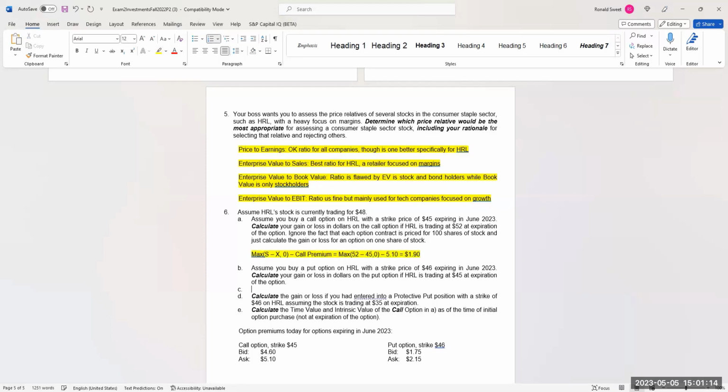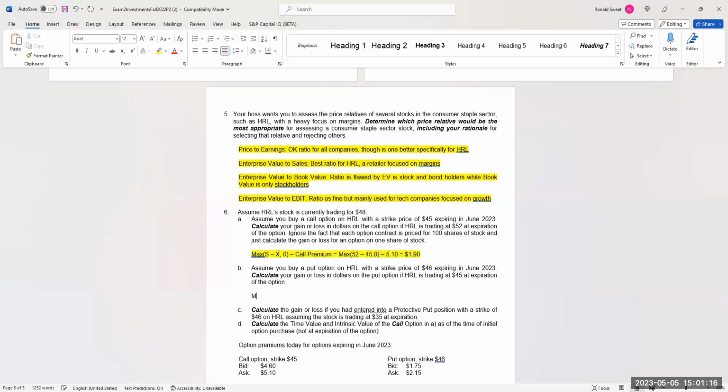Second question, exact same formula, except we do strike minus stock and 0, minus put premium. So here we do max of the strike is 46 and the stock price is 35 and 0. So there we're up $11.